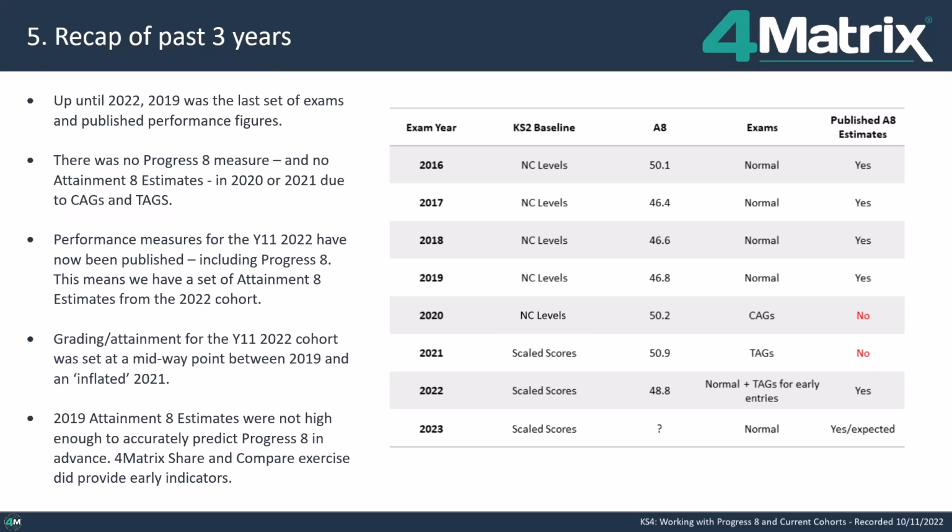And 2019 Attainment 8 estimates were not high enough to accurately predict Progress 8 in advance, because we knew the results in 2022 were higher as results were being brought back into line to pre-pandemic results. And so users of our share and compare exercise did have early indicators there before the final 2022 estimates were published.